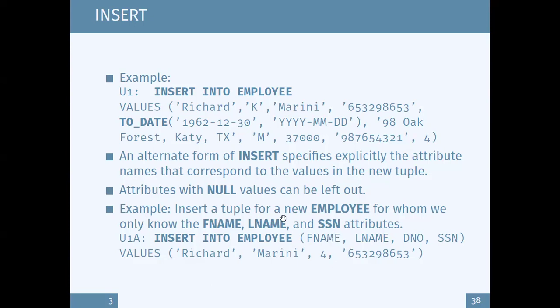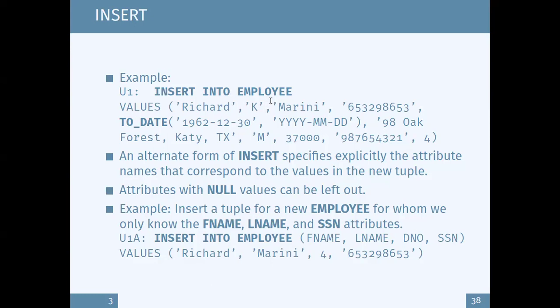Then in case you have null values, you don't have to specify them. You can say, for example, what you are going to insert. For example, in the employee table, in this particular case, we don't specify any attributes here because we are going to specify all the values.